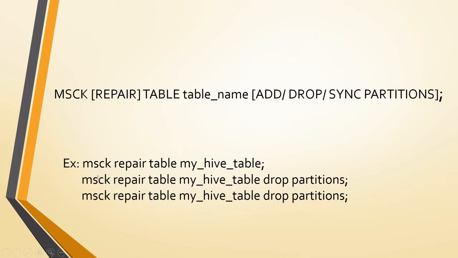Similarly, if you want to drop the partitions, you use drop partitions, and the last option is sync partitions. MSCK repair table database name dot table name drop partitions, and similarly sync partitions. If you are adding, no need to mention it because by default it adds the partitions. Usually when you want to refresh the table, you just give MSCK repair table my Hive table.